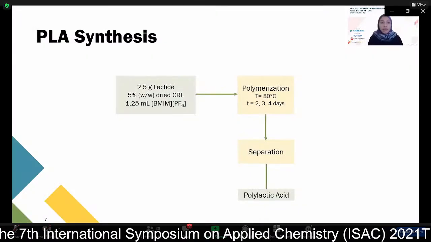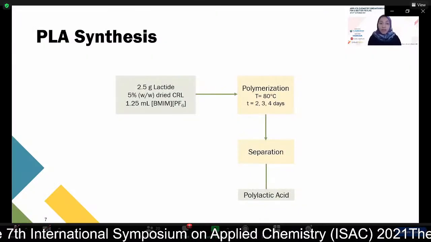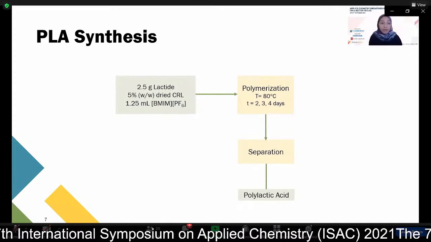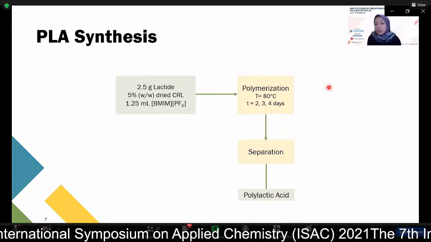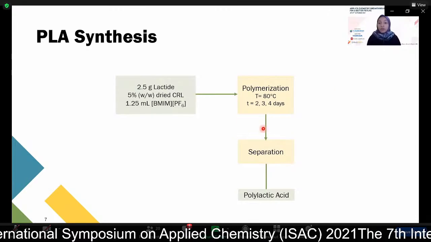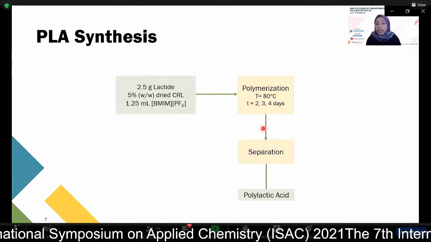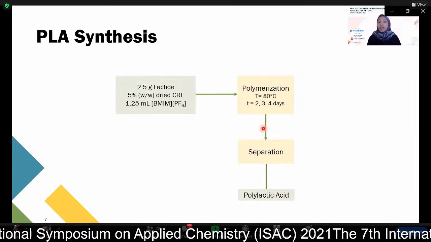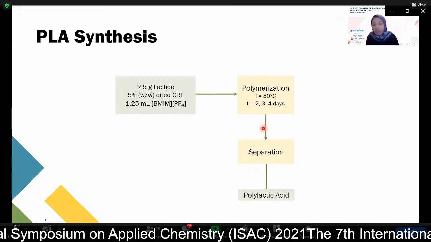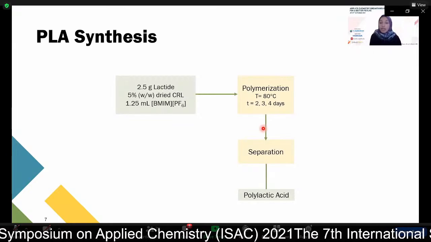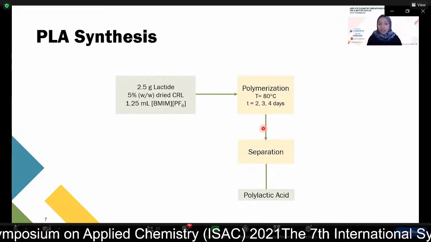The PLA synthesis consists of the polymerization and the separation process. Before the polymerization process began, we dried the CRL enzyme in a vacuum desiccator for 24 hours to remove most of the free water from the enzyme, while keeping the bound water, which will act as an initiator.